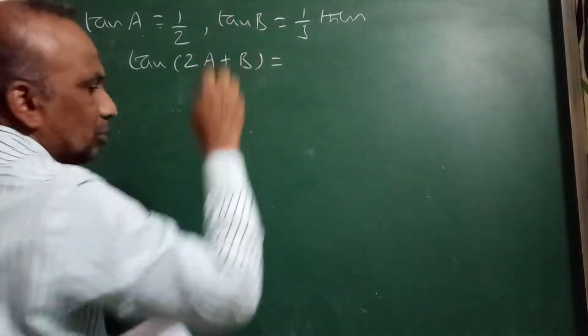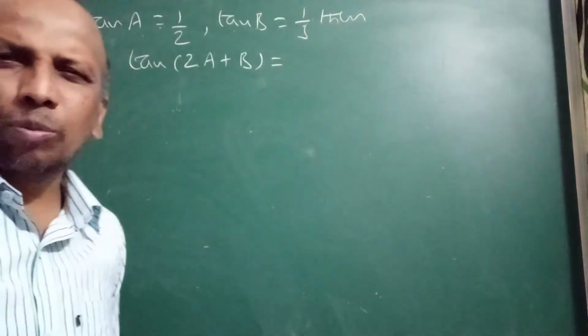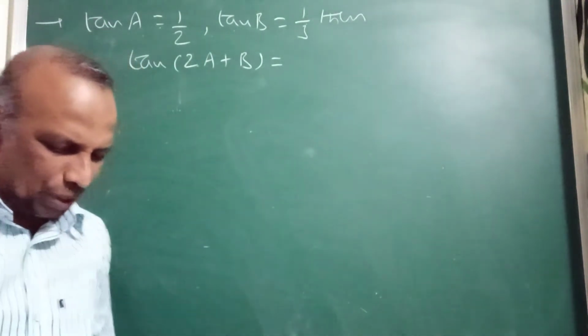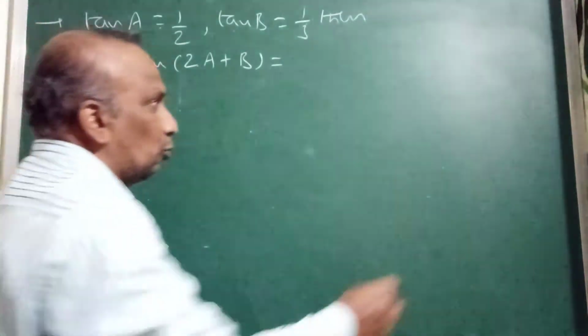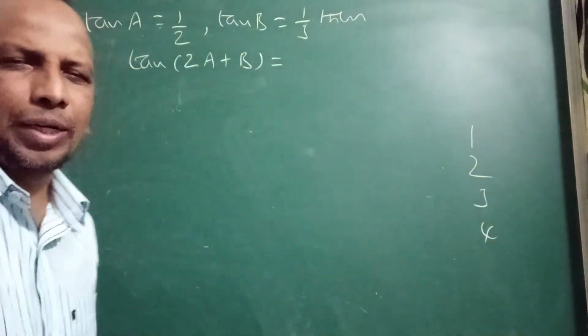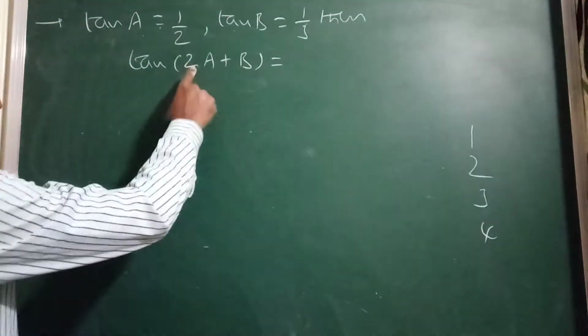Tan of 2A plus B equal to. So this is the problem they have given. Tan A, tan B is given, then tan of 2A plus B. Options are given 1, 2, 3, 4. Which option is right?